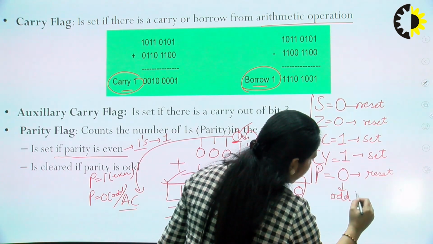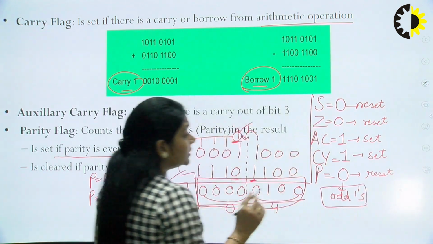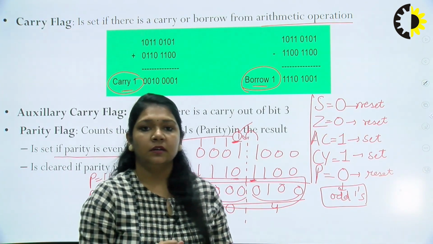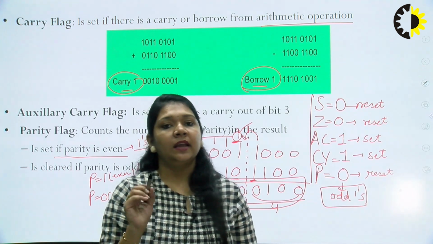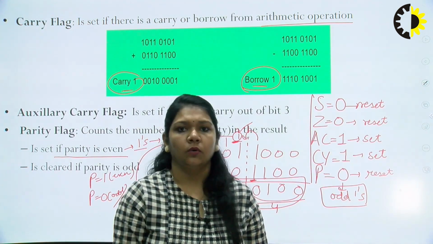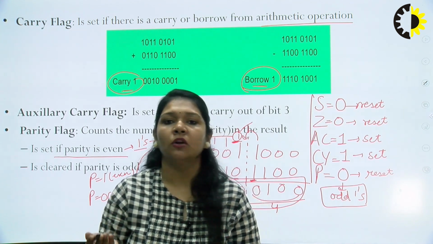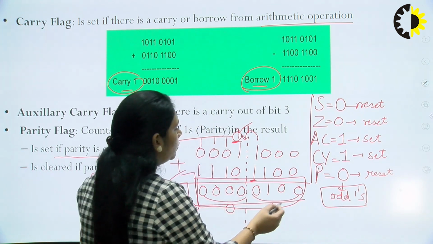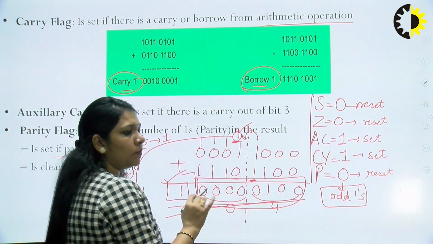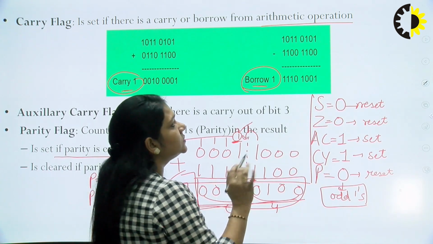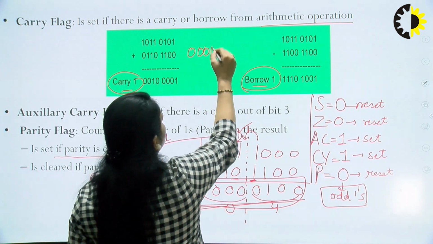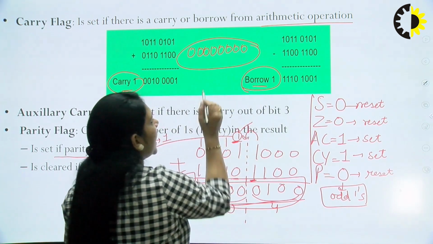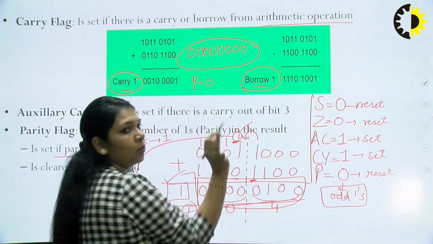Some of you may ask that 0 is also an even number, then what will happen? In the case of 0, the parity will be 0 because we have to count the number of ones. 0 might be an even number, but we have to count the ones. If the answer is 0 and all the bits are 0, the parity will be 0.